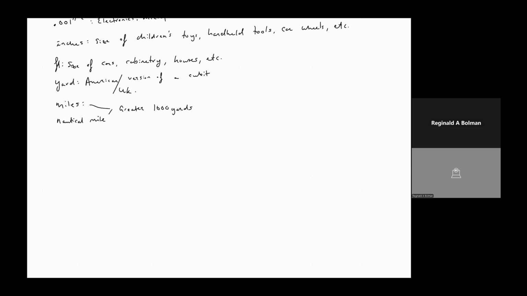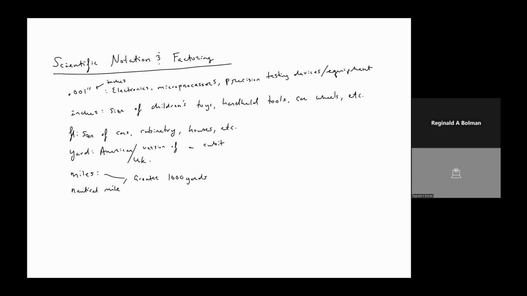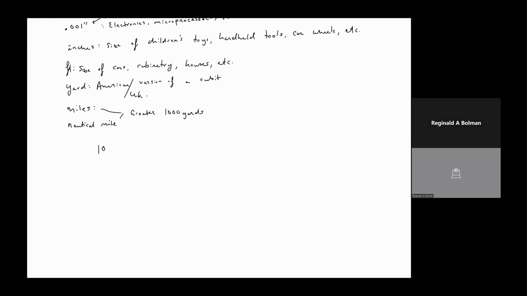So even though we say that we have 12 inches to a foot, the scale at which the inch starts to become a little bit cumbersome is when you're dealing with, say, 100 inches. That's probably a good time to switch over to measuring in feet instead. So basically, we say that you can only measure something accurately within an order of magnitude of 10 raised to the 3.